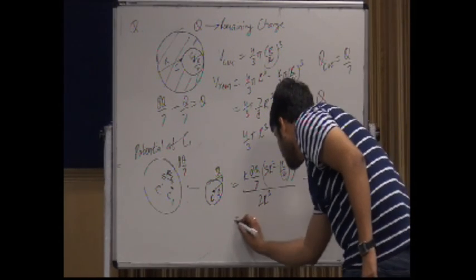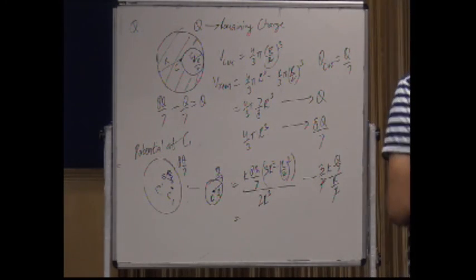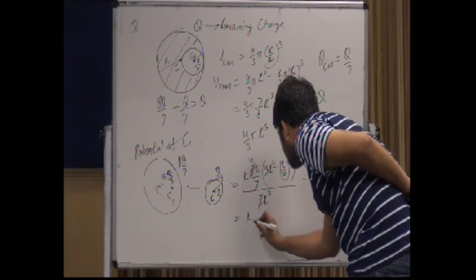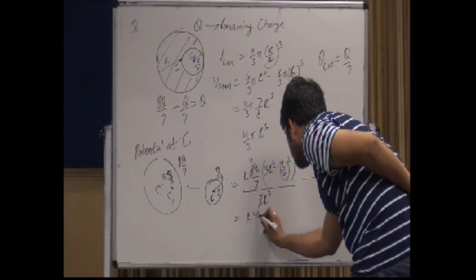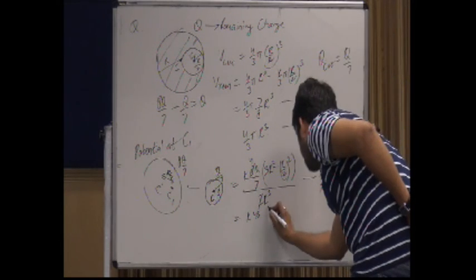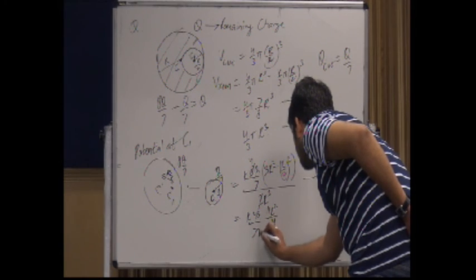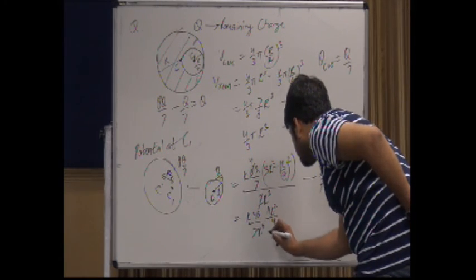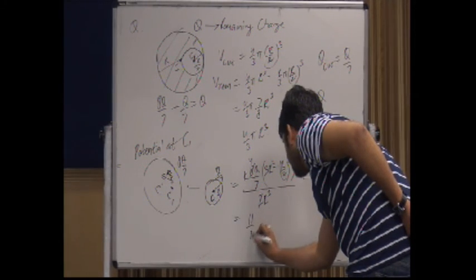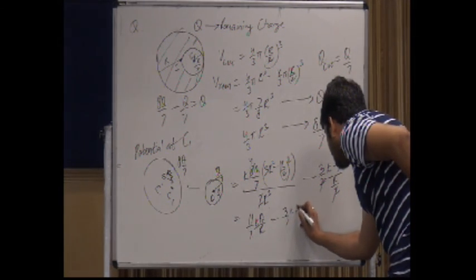If you solve it, this is r²/4, 11 r²/4. So this thing would be 11/7 kq/r. This thing would be 3/7 kq/r.